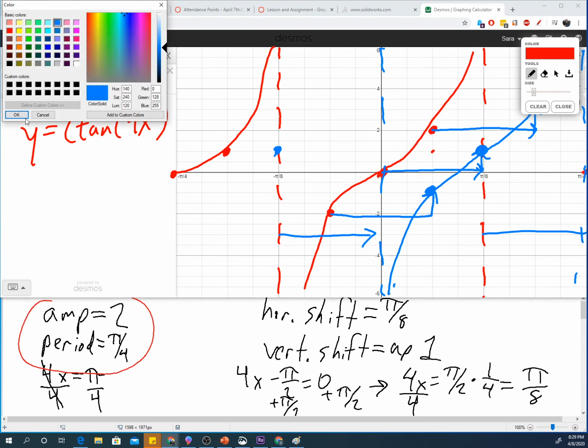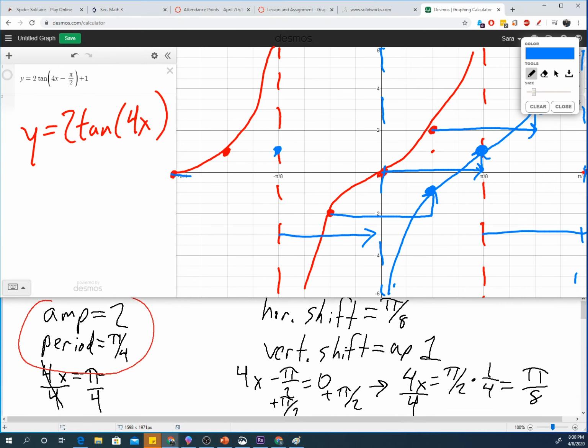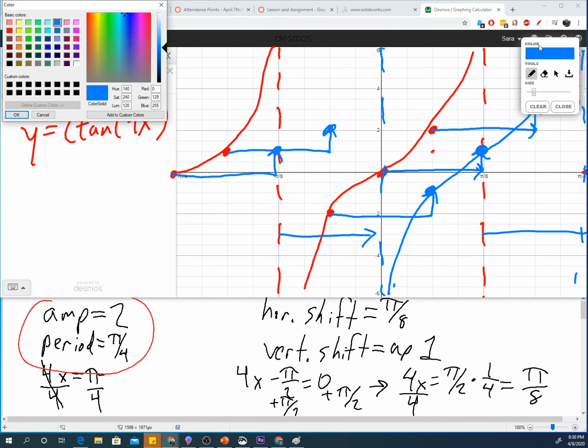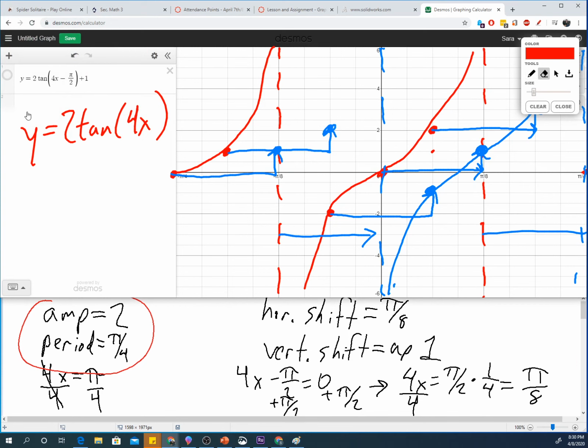Alright, so now, if I take that point, move it over pi/8, up 1, move it over pi/8, up 1, I see a pattern. Oh, I made a mistake there, didn't I? You guys didn't catch me again. Let's go ahead and erase. I neglected to put that up 2 because it does have an amplitude of 2.